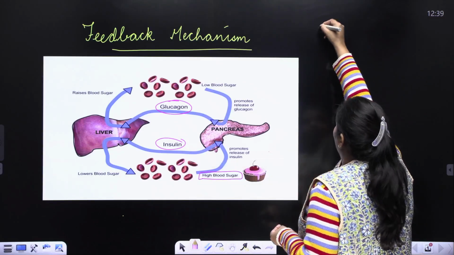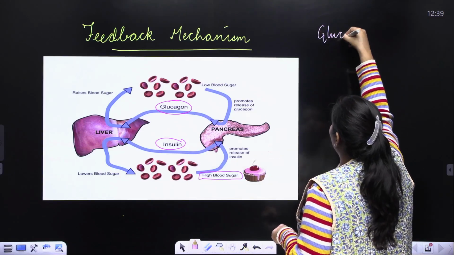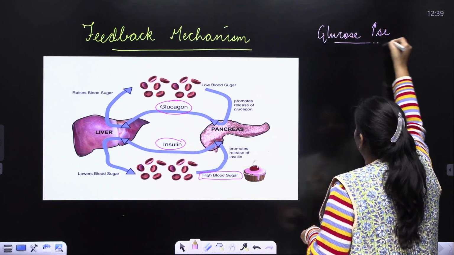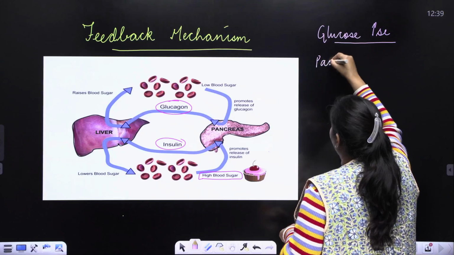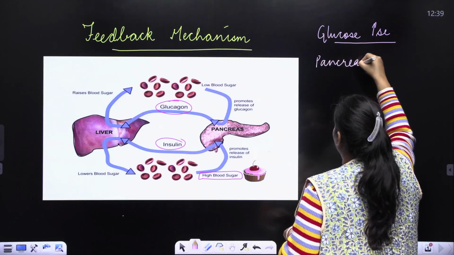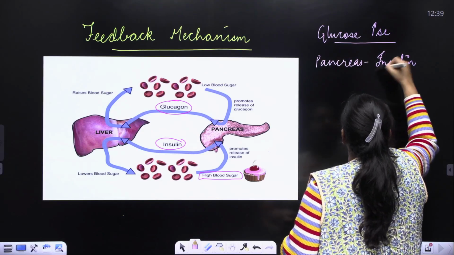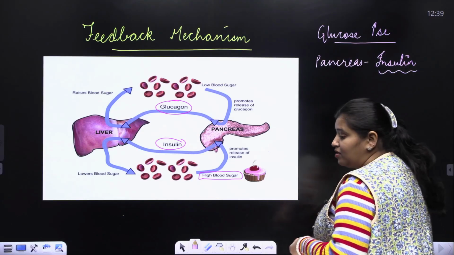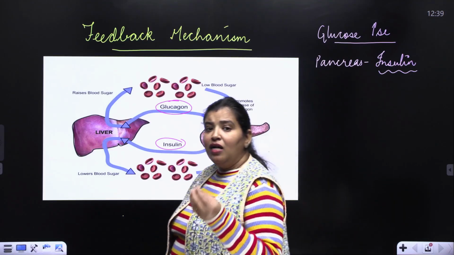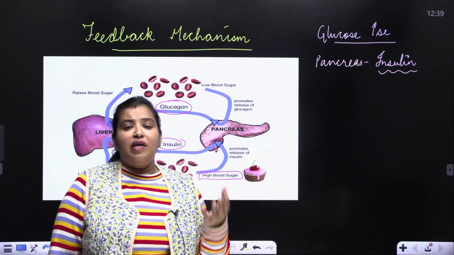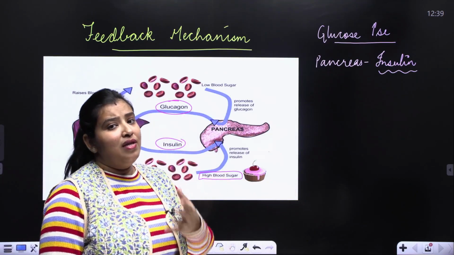So what happens when the levels of glucose increase? The pancreas are going to secrete insulin. And this insulin is responsible for helping the cells to uptake glucose and therefore regulating the blood glucose levels.